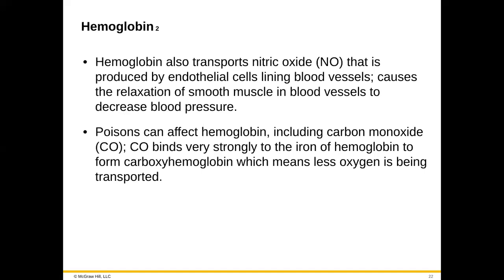So if you have a huge presence of carbon monoxide, it will attach more strongly to that iron of that hemoglobin, and won't allow oxygen on, so then you can asphyxiate or have the inability to bind that oxygen, which can cause respiratory distress and even lead up to death.